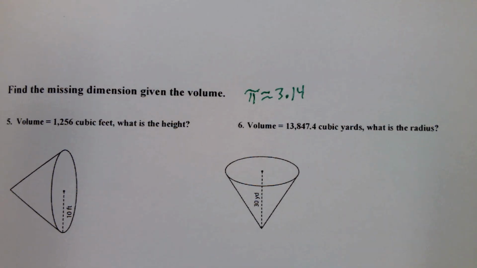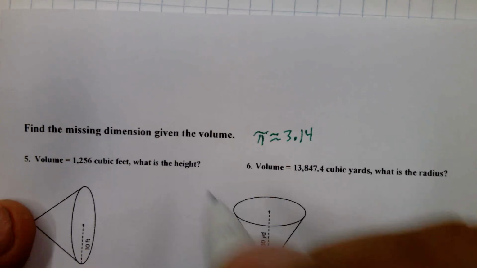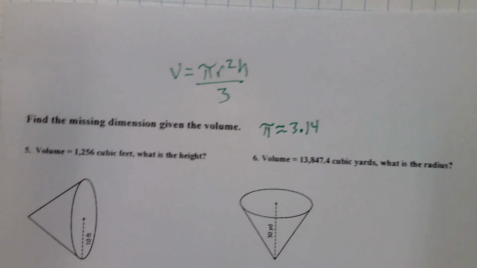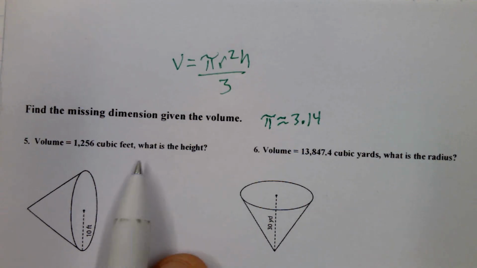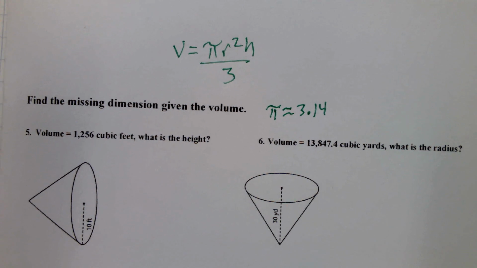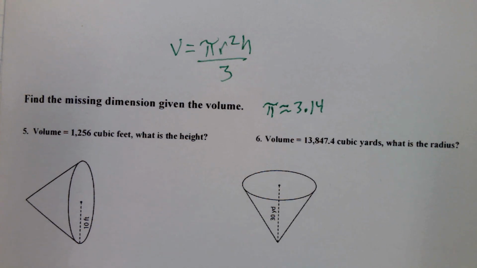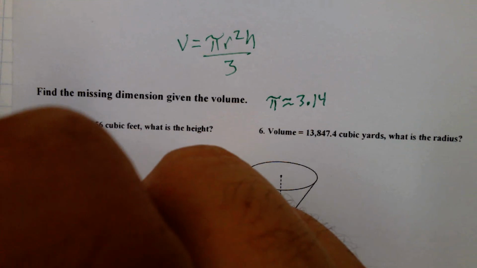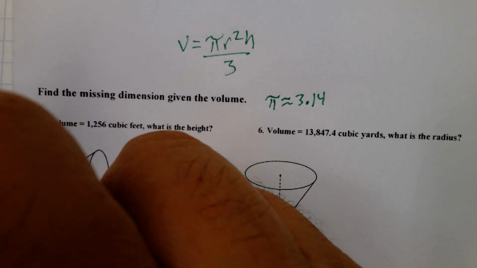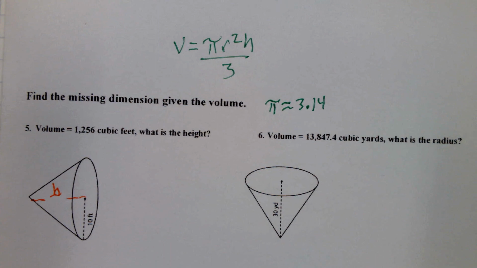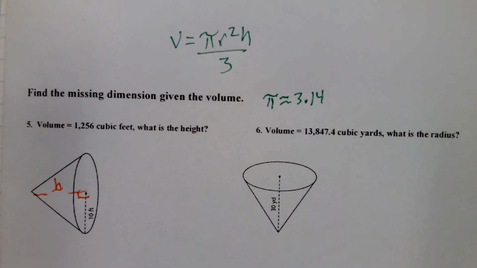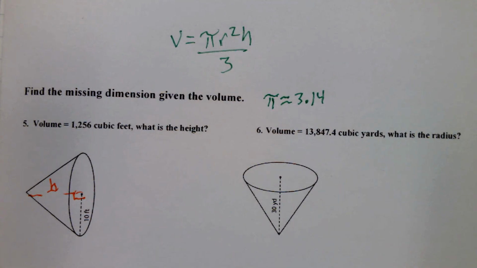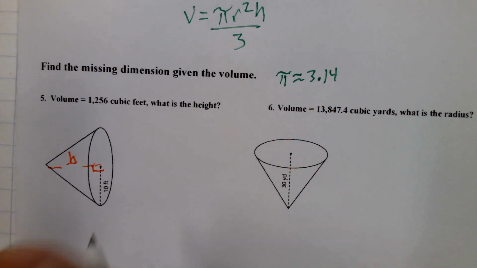And then just plug everything into the formula. So this is the formula. They're giving us a volume, okay? So what are we looking for in the first one? The height. This dimension here is unknown. So let's just leave it as h.